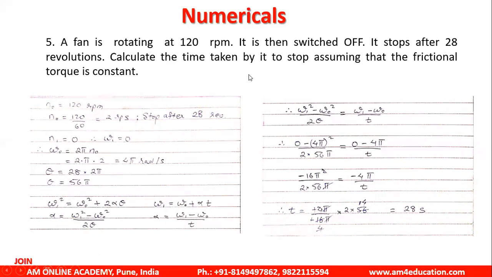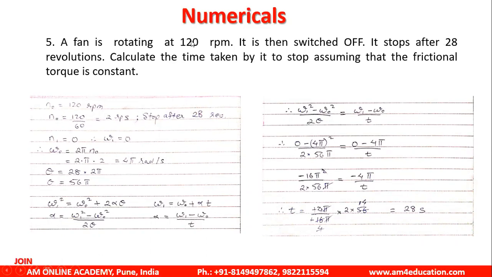Now, I hope you have understood the problem. When the fan is switched off, its speed is going to reduce. It will become 0, reducing from 120 RPM to 0 RPM. For that, it takes 28 revolutions. We have to find out the time period.